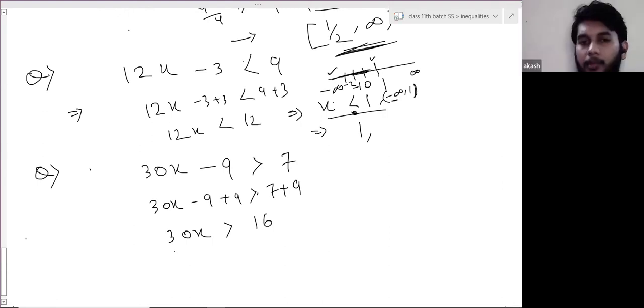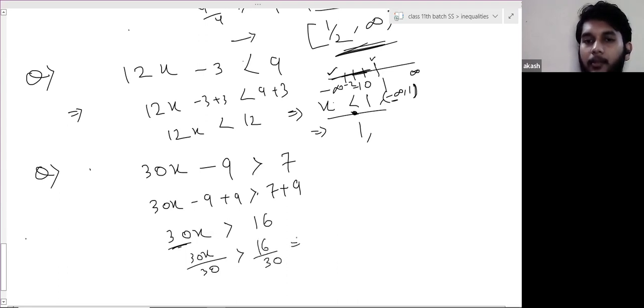Why need to divide by 2? See, we need to remove 30, right? So we can directly divide by 30. So 30x divided by 30 is greater than 16 upon 30. So this is x greater than 16 by 30. Yes or no?